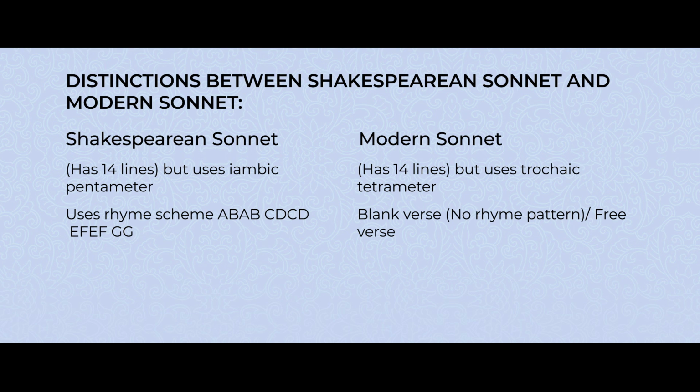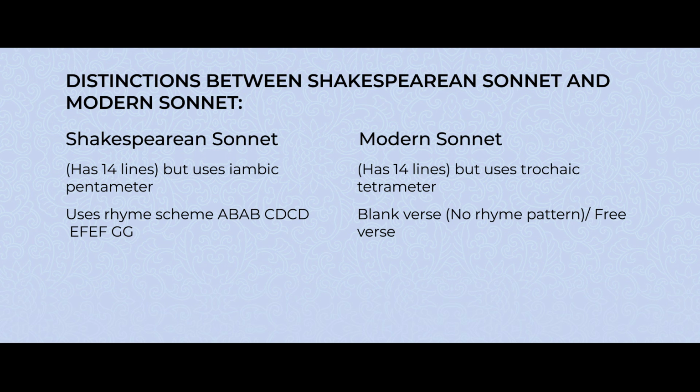And when neither the metrical pattern nor the rhyme scheme is used, it is said to be written in free verse. When both the metrical pattern and the rhyme scheme are used, it is said to be written in verse poetry or verse form.